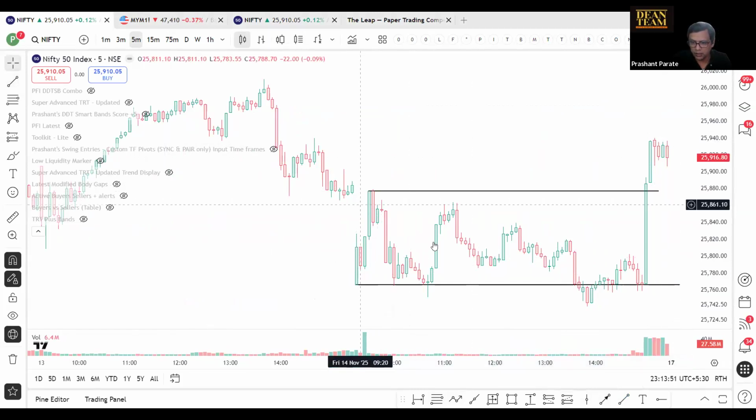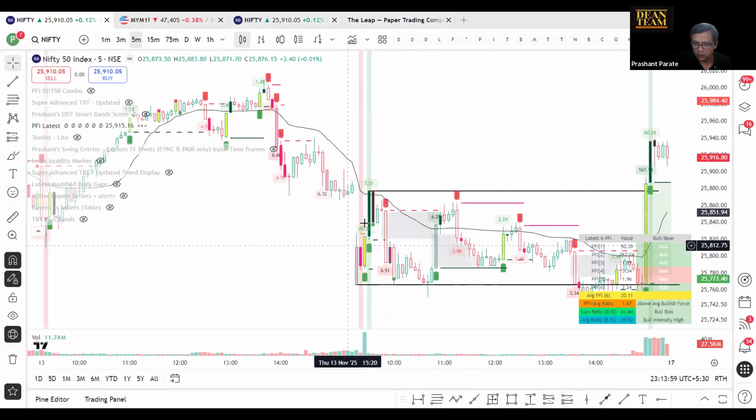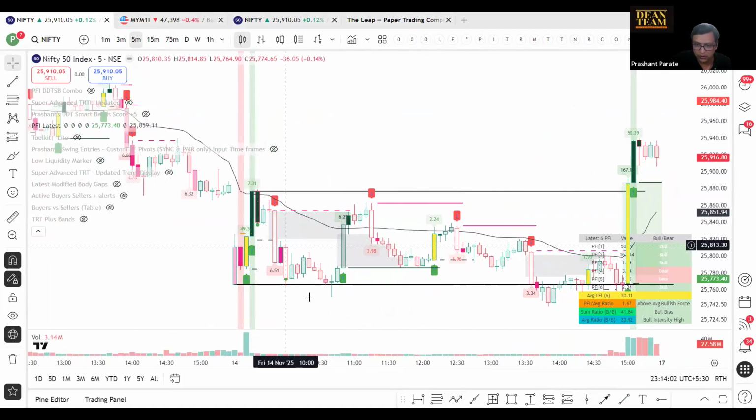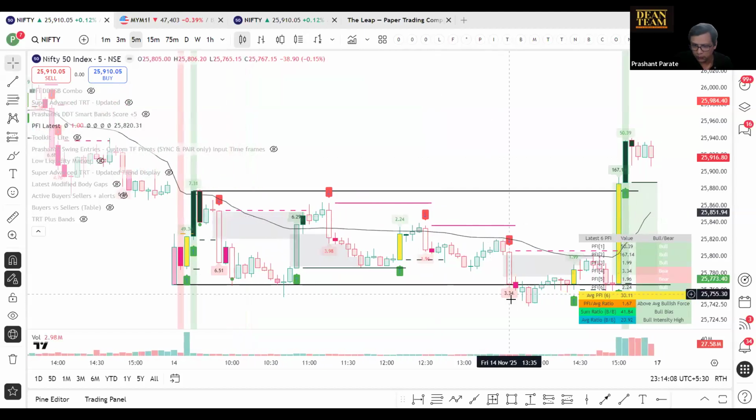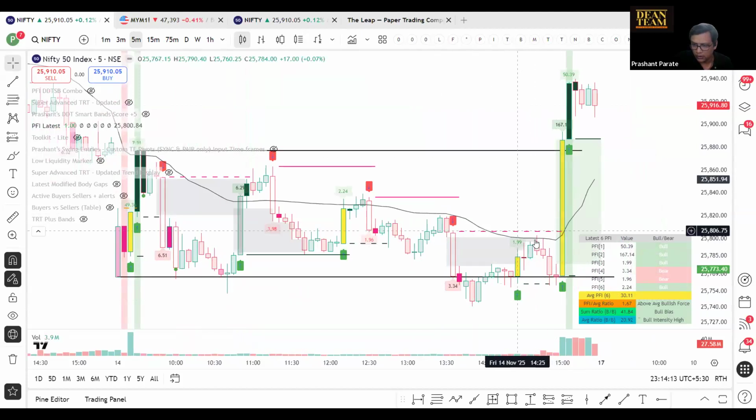Bullish candles are larger. When we add PFI, we can see high PFI numbers. We can see 49, then 7, downside is 6, upside is 6, then down is 4, then 2, then there is 3.34, which is breaking down but lacks follow through, and then again it went up. So there is not very strong selling going on.